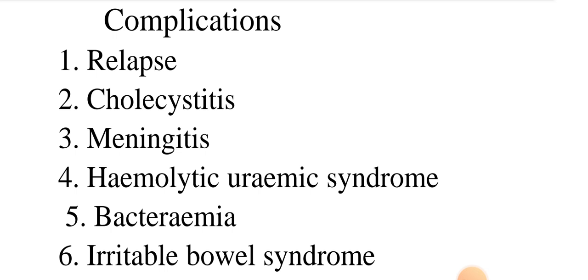Cholecystitis, the infection of the gallbladder. Meningitis, the infection of the meninges. Hemolytic uremic syndrome. In this disease, we are going to find hemolysis of red blood cells in addition to renal failure, bacteremia, and irritable bowel syndrome.